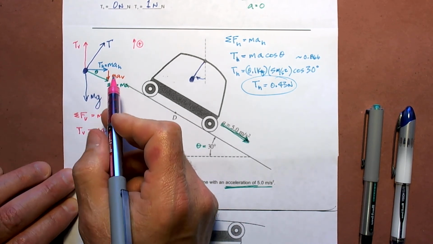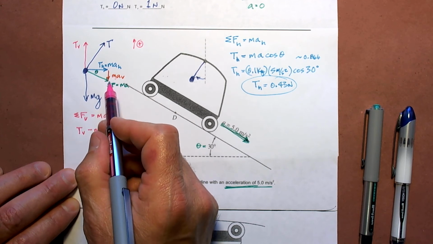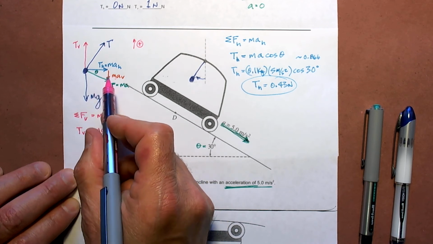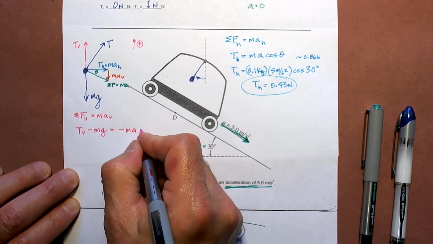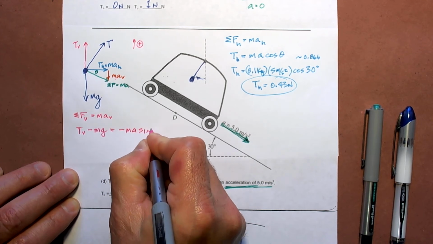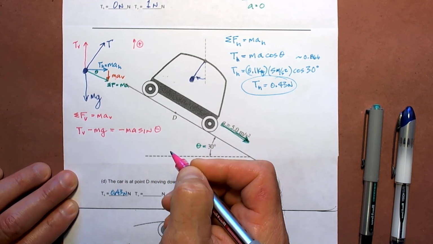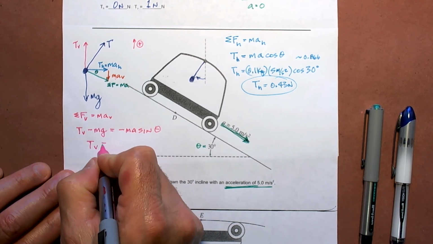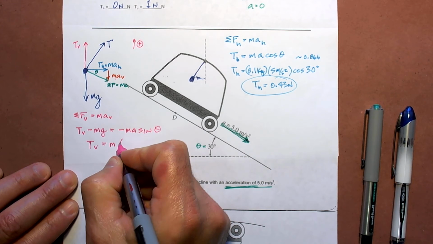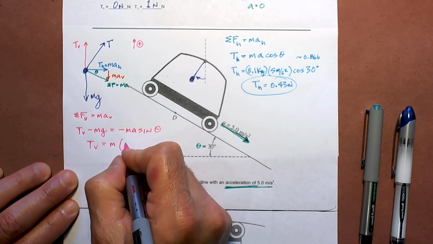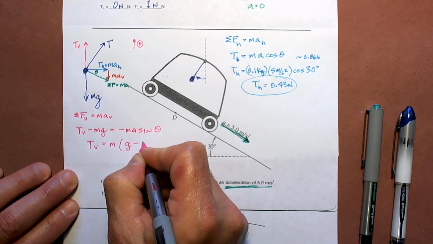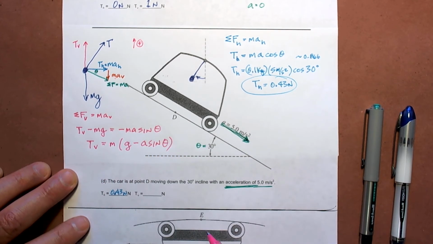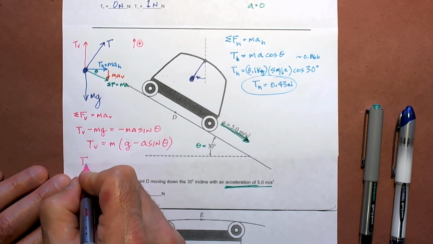But AV is the opposite side of the triangle, so that means it's going to be MA sine theta. Now we do a little algebra, and you can check your algebra. It's going to be TV equals M times (g minus A sine theta). Let's go ahead and plug and chug. Check your algebra if you need to.